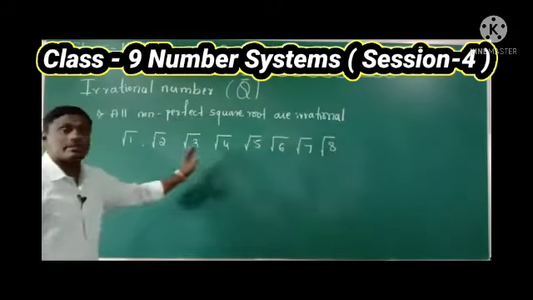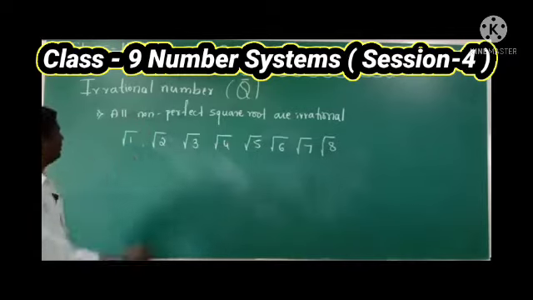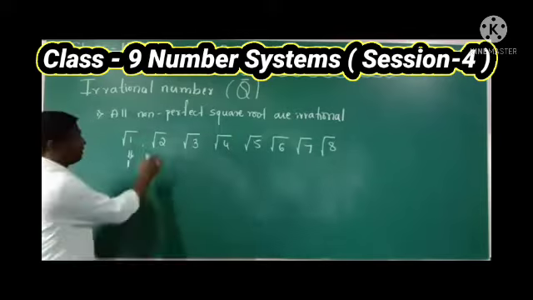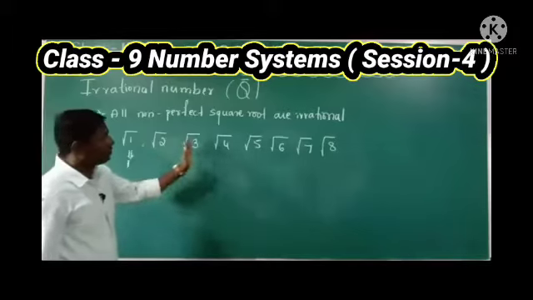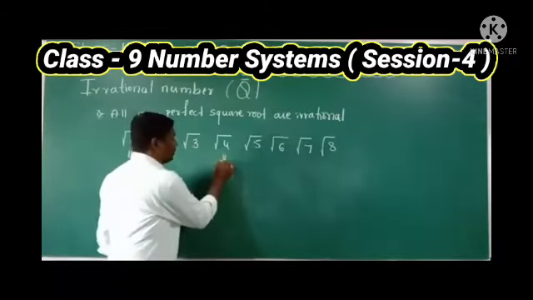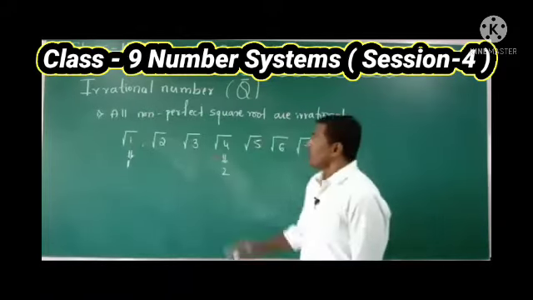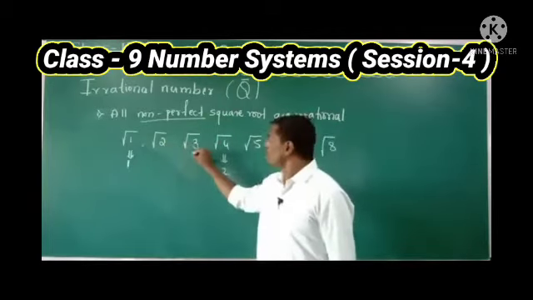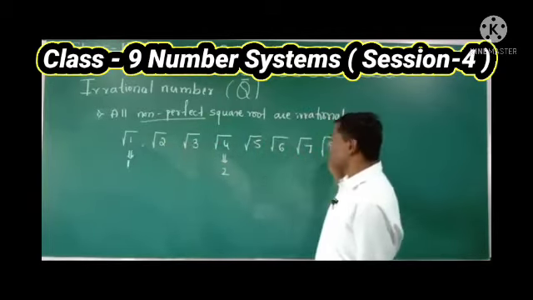Here you have some perfect square numbers. What is the square root of 1? Square root of 1 is 1. We cannot write an exact number for square root of 2. Square root of 3, square root of 4 is 2, square root of 5, 6, 7, 8. So the non-perfect squares, root 2, root 3, root 5, root 6, root 7, root 8, these types of numbers are examples for irrational numbers.